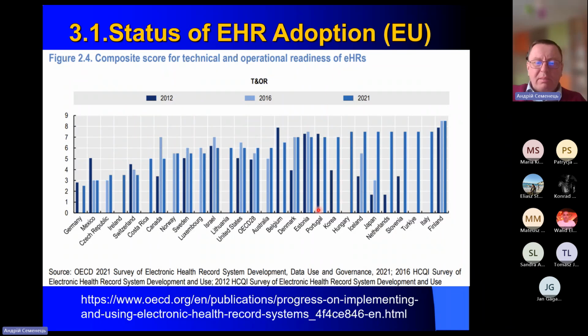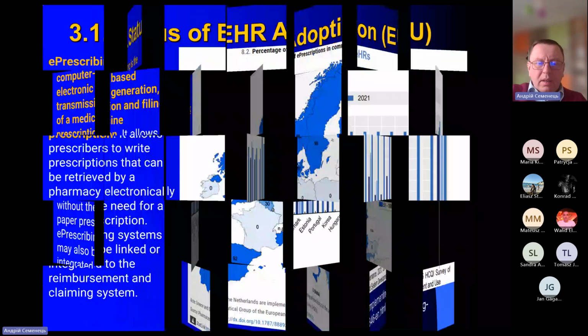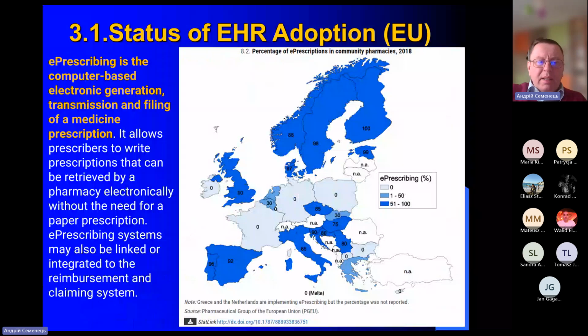And again, who is next? The Baltic states, for example Estonia, and so on. So still, as you can see, we have a number of issues with implementation and adoption of EHR, and even sometimes decline. Here is another statistic, about usage of e-prescription.